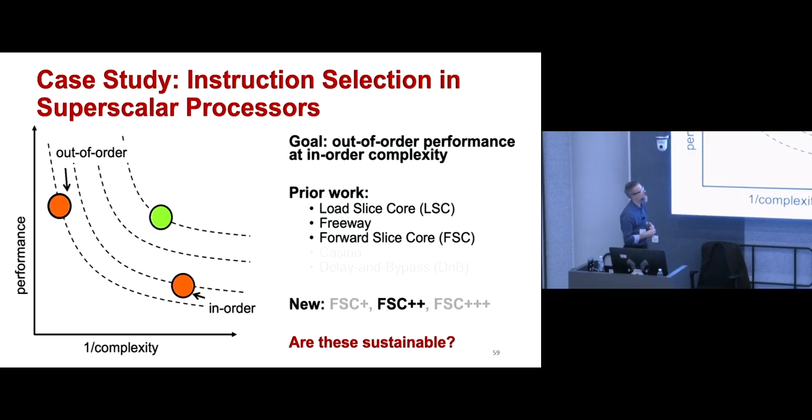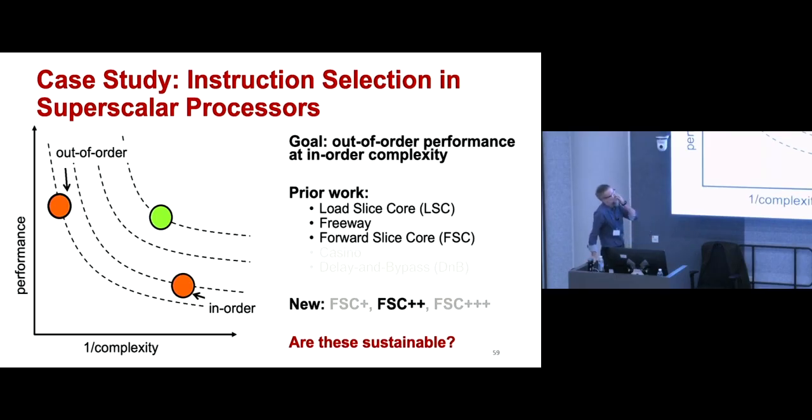And prior to this sustainability work, I've been working in this space alongside Trevor Carson, for example. We came up with the first architecture right there, the load slice core, LSC. And then there's been a couple others from other groups as well. Freeway from Uppsala. Forward slice core was a second generation of load slice core, which I developed with one of my PhD students.